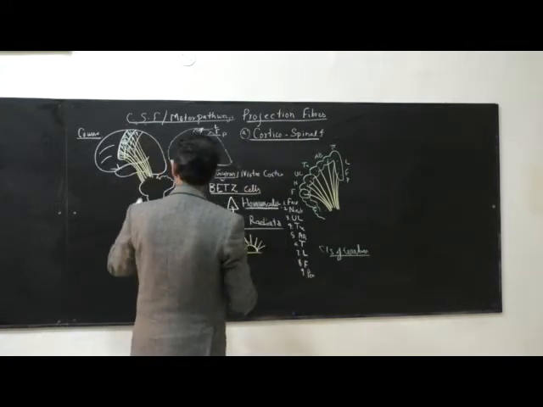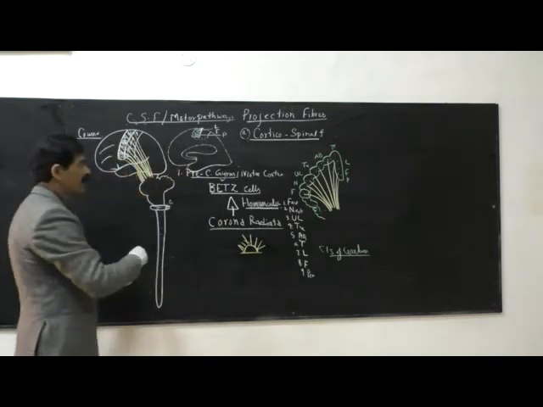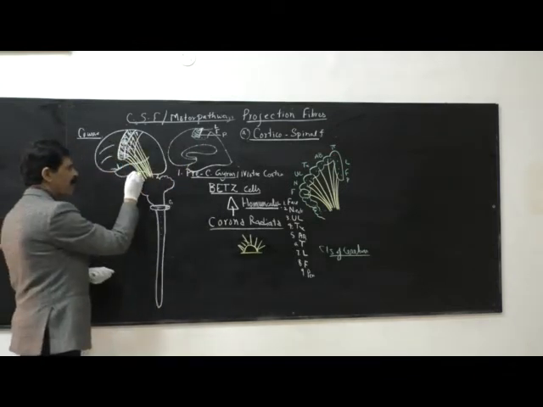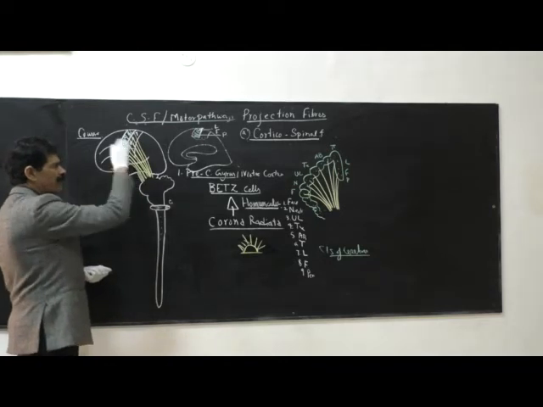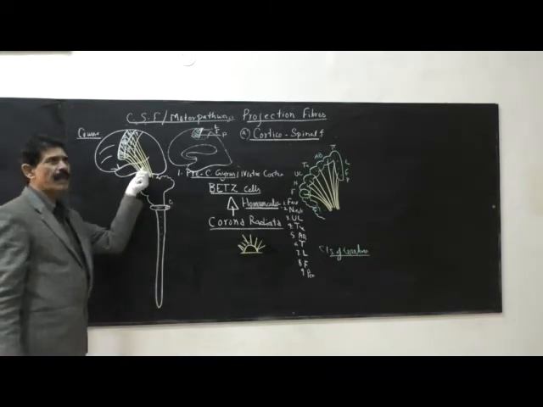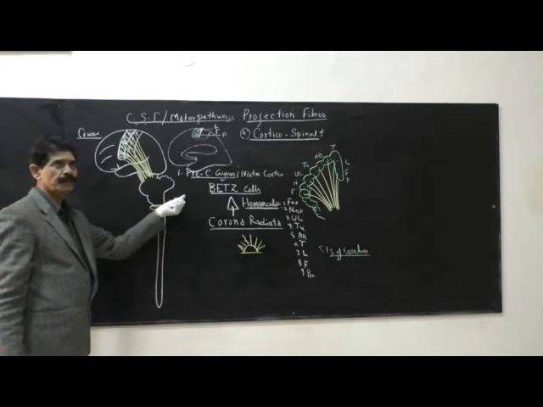These fibers are labeled as the projection fibers, so they have to come out of the cerebrum. When they are descending inside the cerebrum, their name is corona radiata.